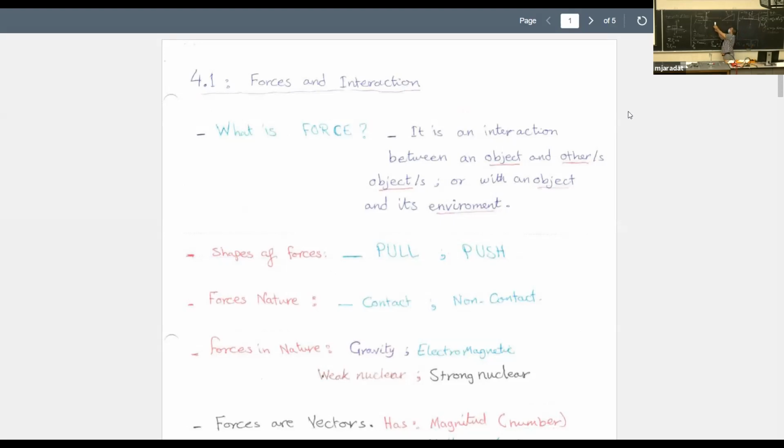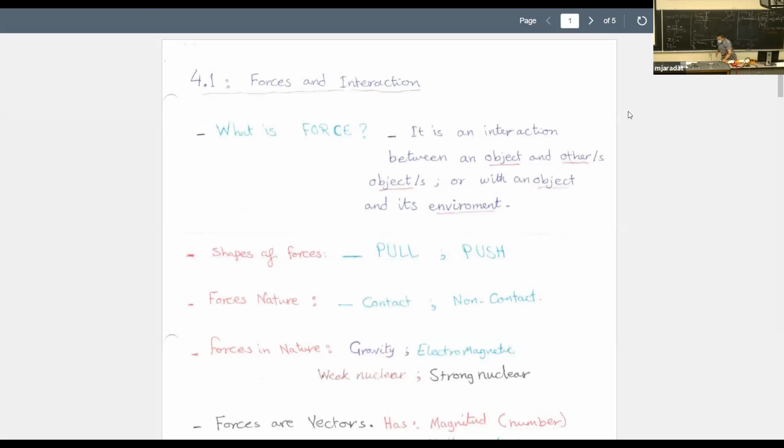And that normal force now has no relation to the weight, because the weight is downward and the normal force is in this direction. So you need to know that there is no relation between the normal force and the weight. It's just between the normal force and the other forces, between the two surfaces.